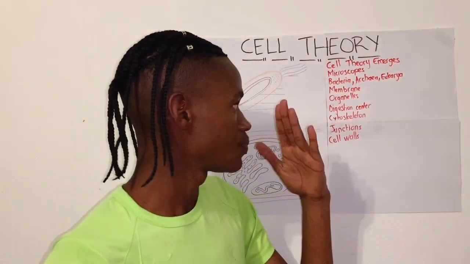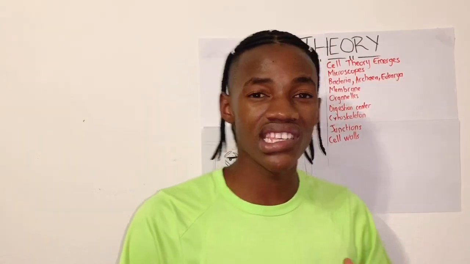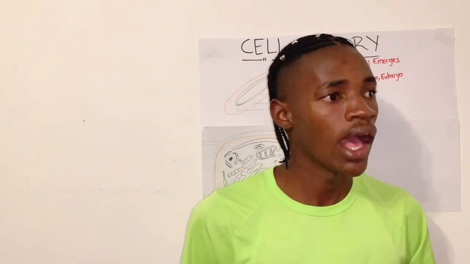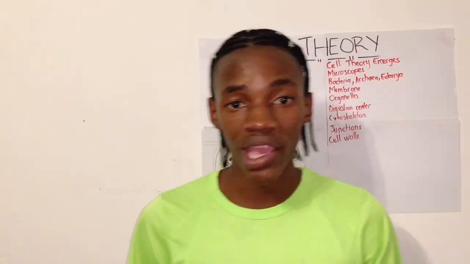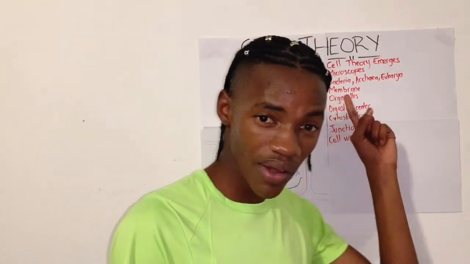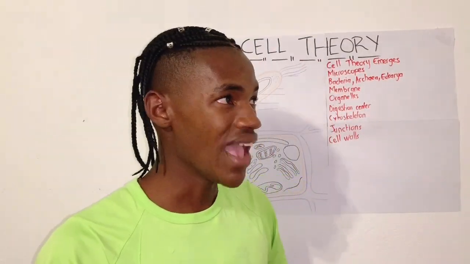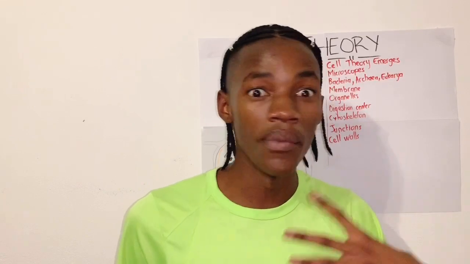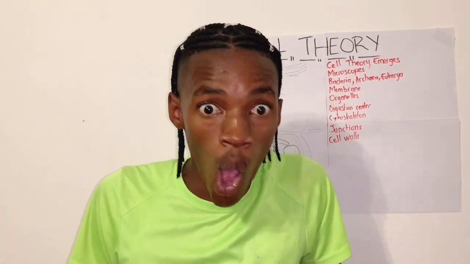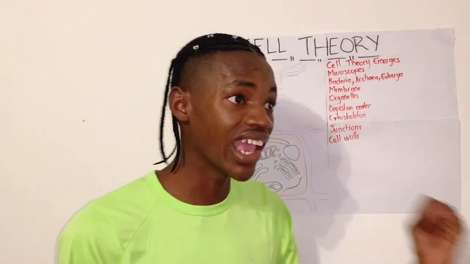And then we have eukarya. Eukarya is very complex in the sense that it includes four kingdoms: protista, animalia, fungi, and plantae. Bacteria were the first organisms to emerge on planet Earth, and it is the most diverse domain, because there is a whole lot more bacteria than any other.